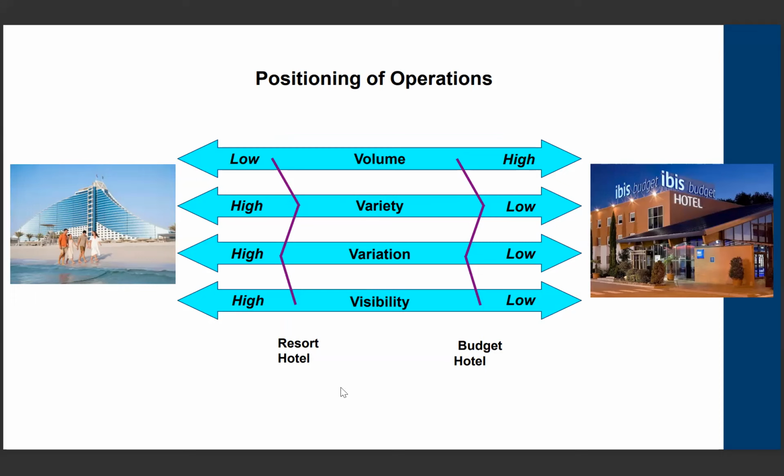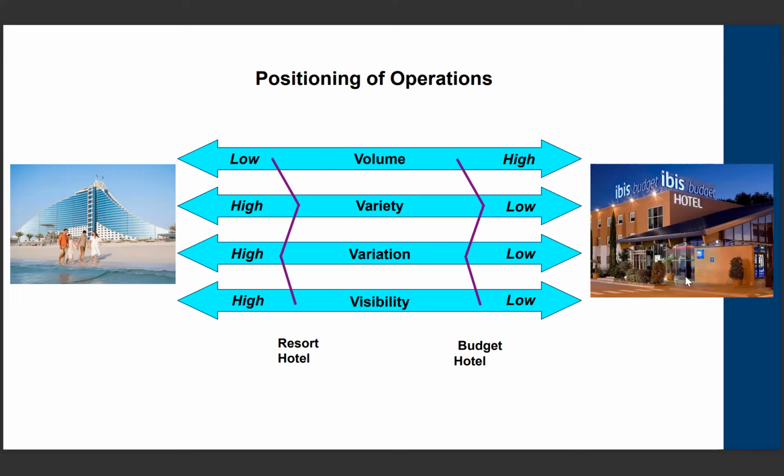The volume, variety, variation, and visibility are not the same for the two types of hotels. We need to carefully identify what is the suitable volume for the budget hotel and what is the suitable volume for the resort hotel. If we mix these things up, which means if we didn't do the operation management correctly, then there can be some problems.